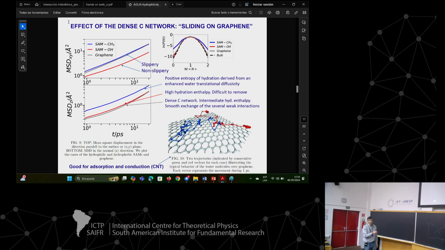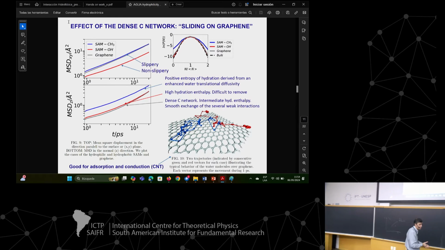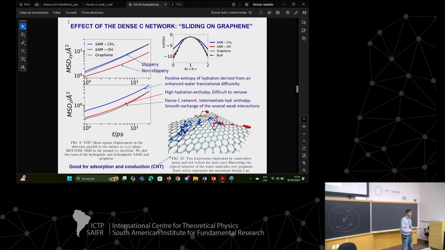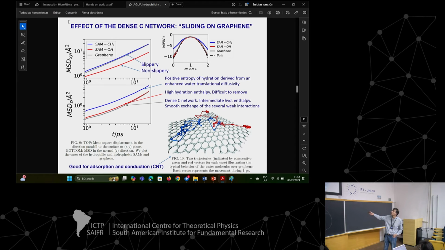It's not easy to replace water molecules, since when you are going to bind to the surface, there is a cost in removing water molecules. Here, molecules move, but it's very difficult to remove them, while in the other case, when you are over a hydrophobic SAM, it's easy, since the molecules easily go to the bulk.